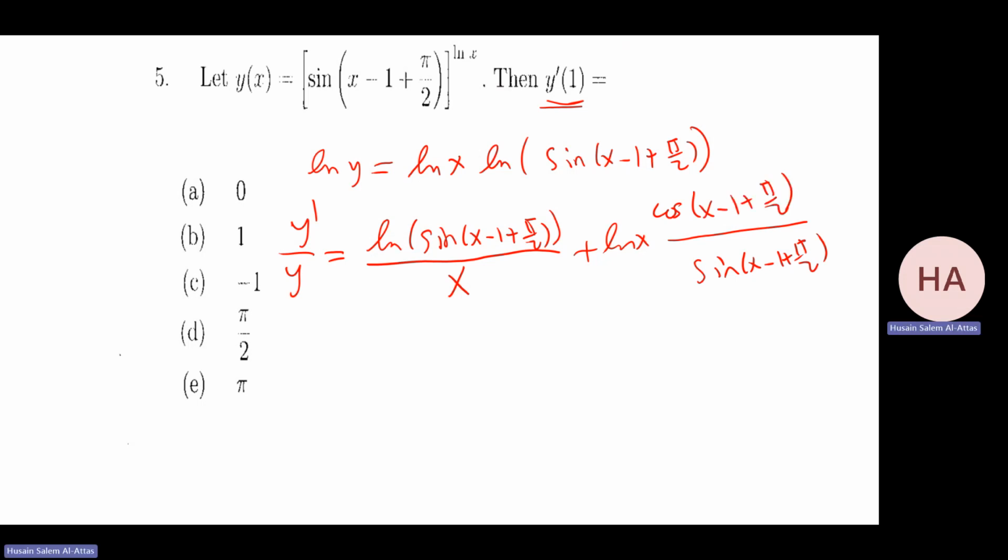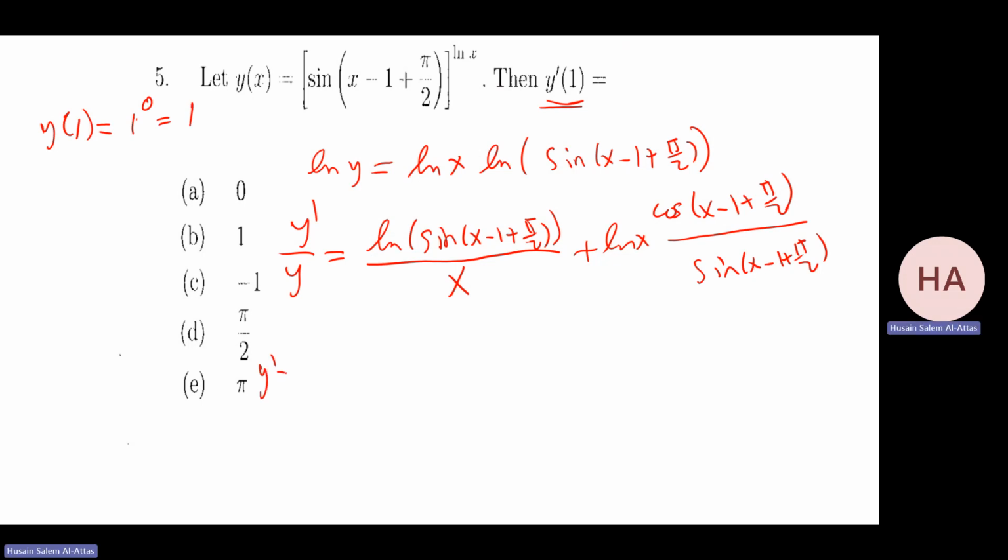Okay, what do we want? I need to find y at 1. y at 1 will be what? ln 1 is 0. 1 minus 1 is 0, plus pi over 2, sine pi over 2, which is 1 to the power 0, which is 1.